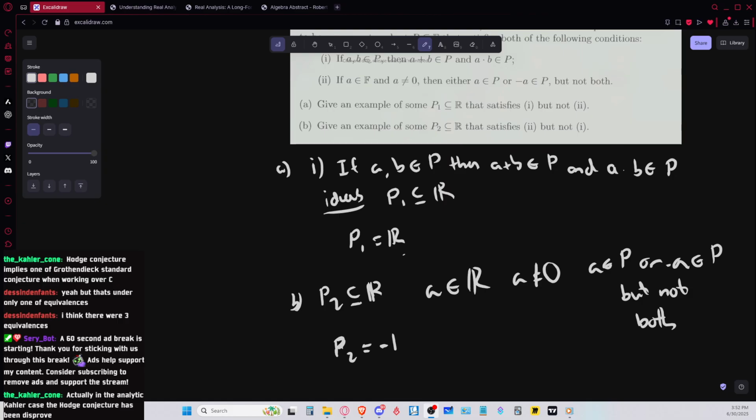That's my question. Because if we have B and we multiply it by -1, which is A in this case, then it will be negative B, which is not contained in P2. That's how I'm breaking it down, but I'm not sure if that's the right way.